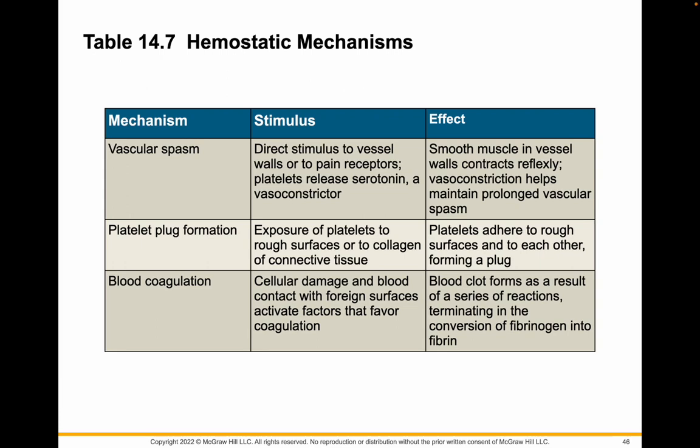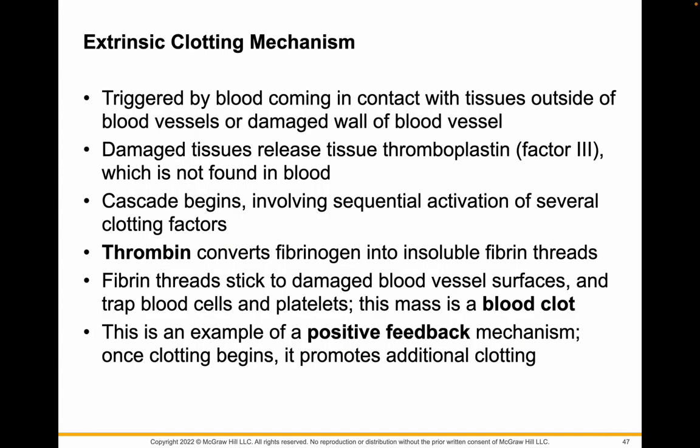Once again, platelet plug formation is when the platelets adhere to the collagen fibers in the connective tissue and get stuck, and they form a barrier, kind of like bricks being built. But blood coagulation is where fibrinogen gets turned to fibrin and makes this big net that blocks everything and forms a wall that way.